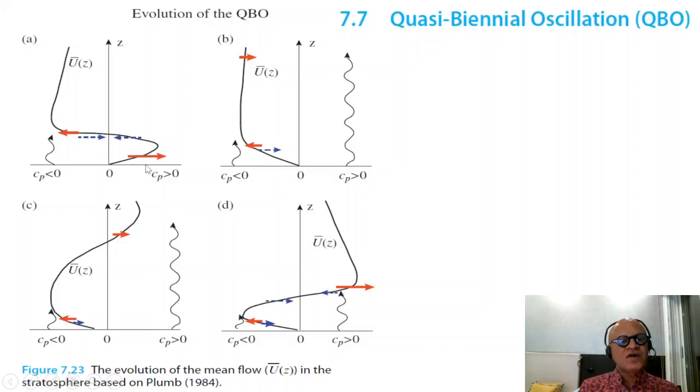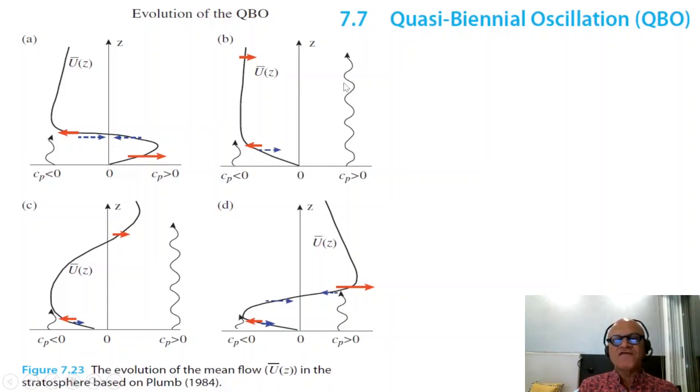So you have decreasing U. So on this side, the phase propagation is positive here and negative here, and you have vertical propagation happening here. So you can see that the momentum transfer from the waves to the mean flow is going to affect the mean flow. So you're seeing the changes here, which ends up changing the U bar itself.